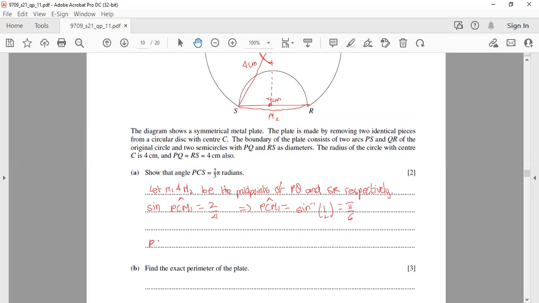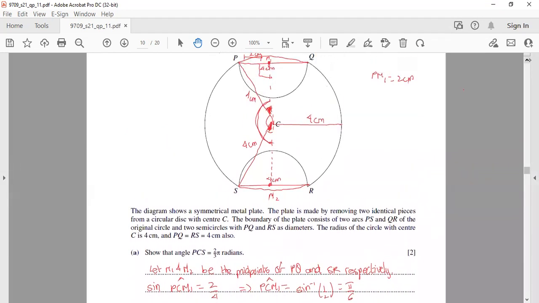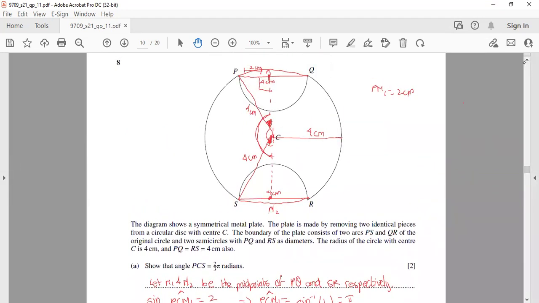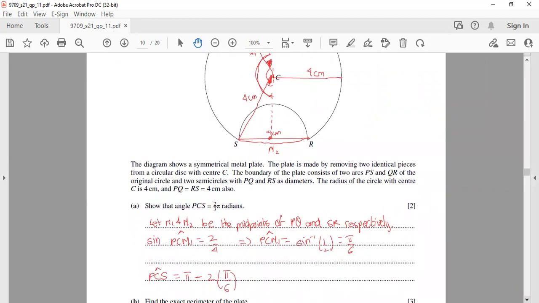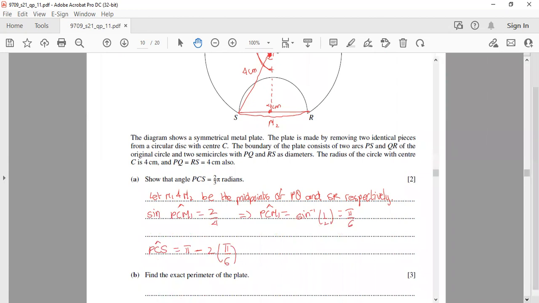And therefore, angle PCS would be equal to pi radian minus twice this angle, 2 times pi by 6. Why 2 times? Because this angle PCM1 is equal to SCM2. So that is why we have used twice pi by 6.